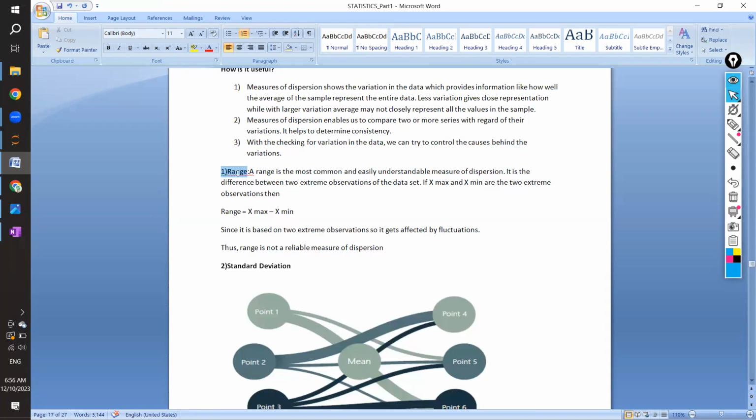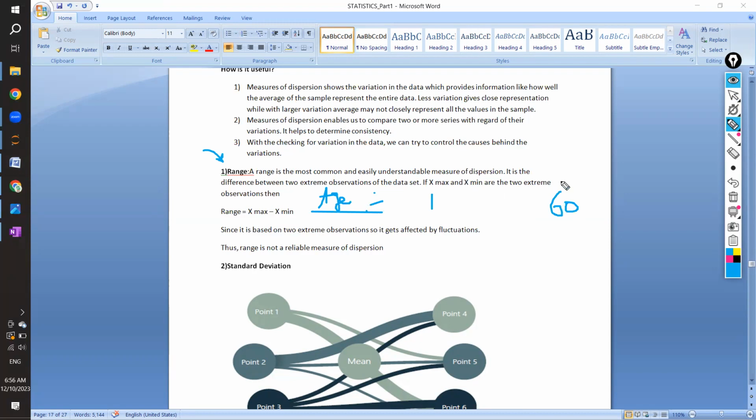So one is range. Range is the most common and easily understood measure of dispersion. That means what is a range? I mean, what is the spread of the data? For example, the age values could be from 1 to a maximum of 60, right?